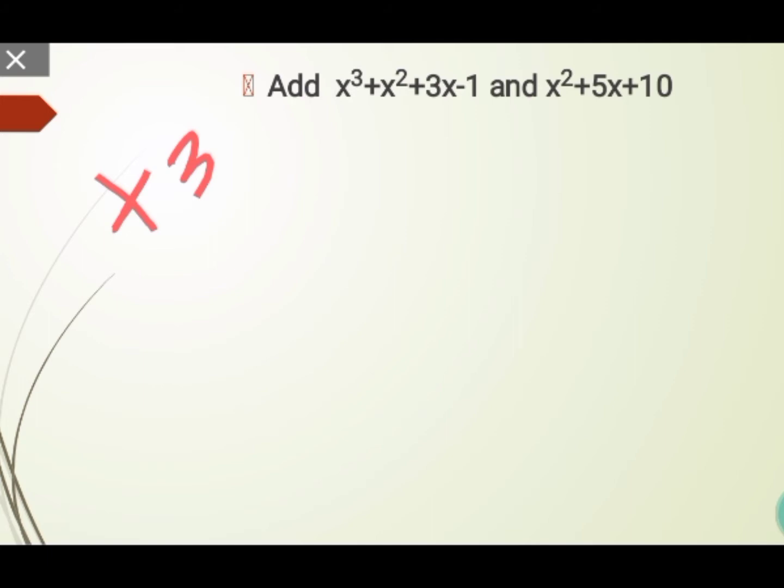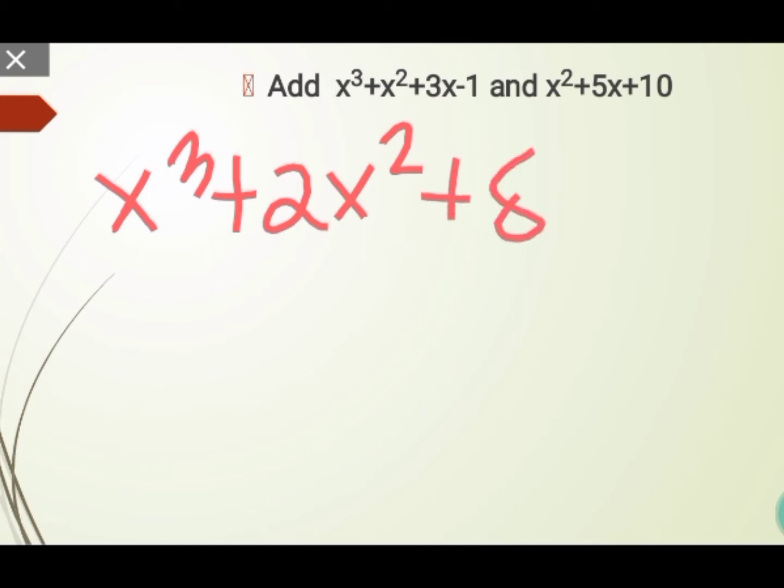Always remember that x squared has an imaginary 1, so 1 plus 1, so plus 2x squared. Then positive 3x plus 5x, so we have positive 8x. Then positive 10 minus 1, so we have positive 9.